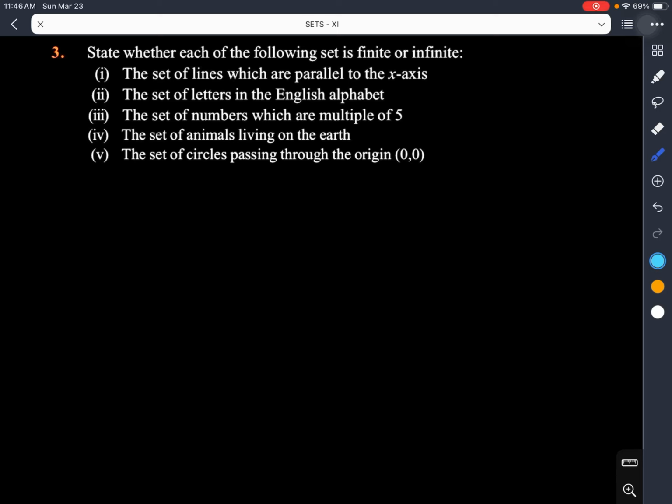So today we are going to attempt question number 3 of sets, class 11th CBSE mathematics. The question states, state whether each of the following set is finite or infinite.